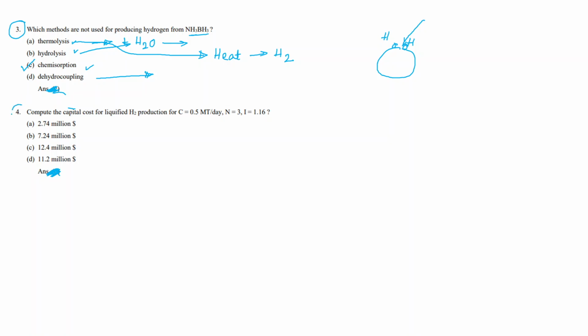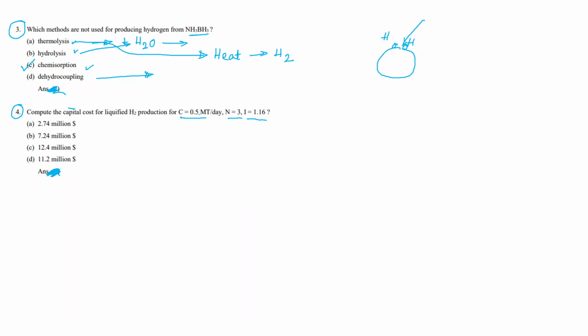Next, question number 4. Compute the capital cost for liquefied hydrogen production. Here the given values are C equals 0.5 metric ton per day, N equals 3 and I equals 1.6. What is the C? C is the liquefier design capacity.